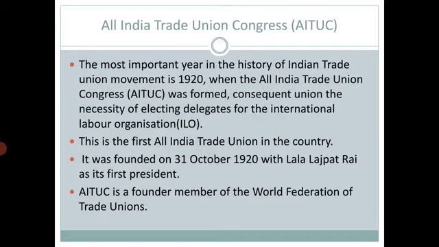We will see the objectives after some time. But due to the formation of such all India level trade unions, what happened? It motivated others to follow this tendency. So who followed this?